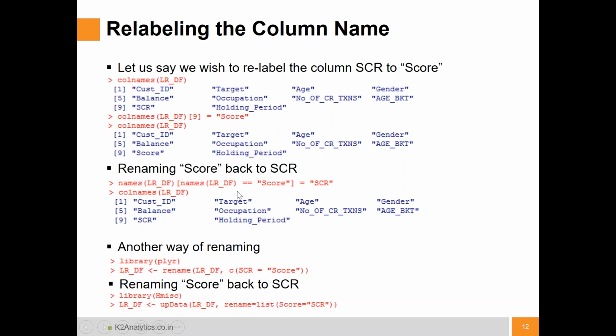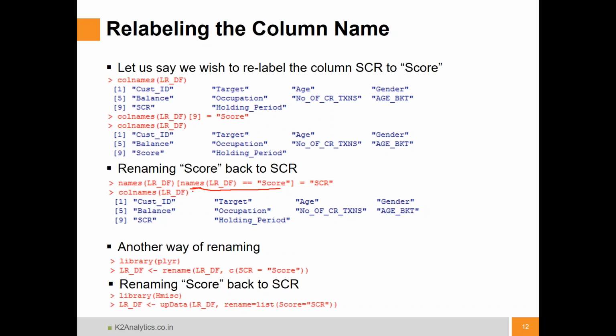Just in case I don't know the position, then you have to identify the index through some programming way. So here, you have to use this kind of syntax where I am comparing a given column which I want to rename with all the column names. When I use this syntax, for that column the value will become true, and for all the others it will become false.